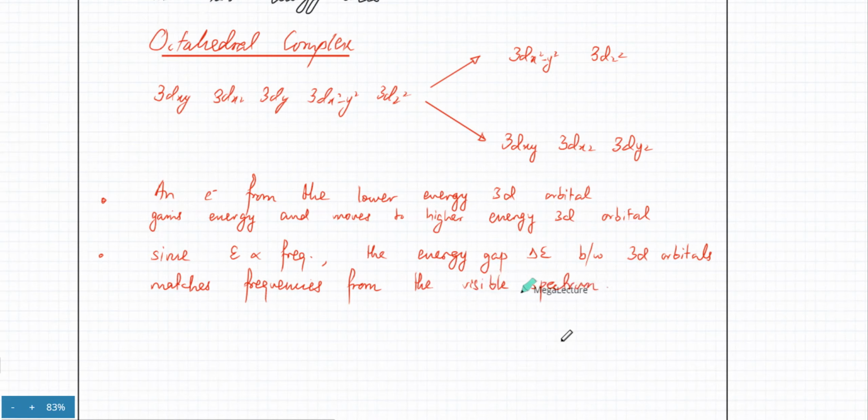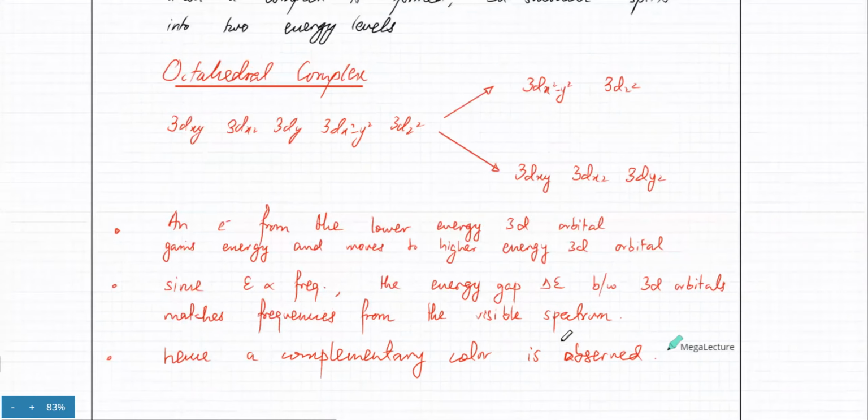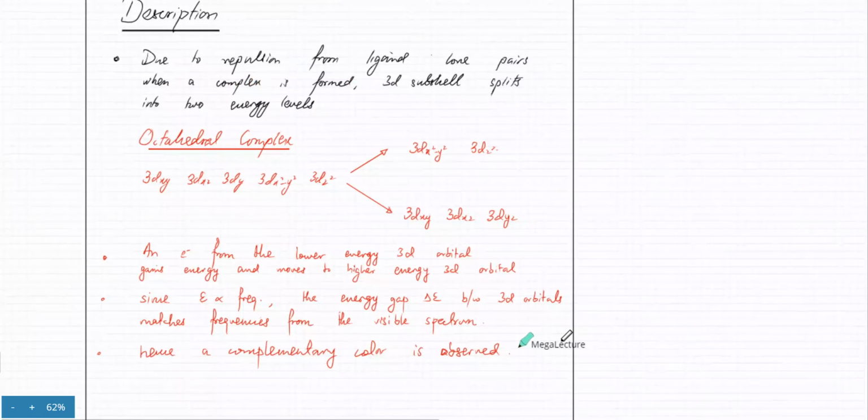And the last part would be, hence, a complementary color is observed. Okay, that is going to be your 5-point or 4-point explanation.